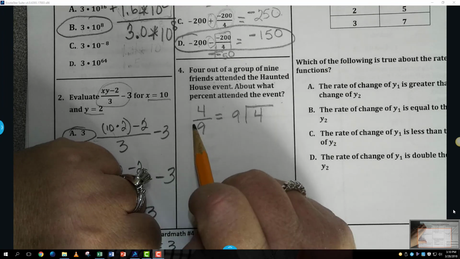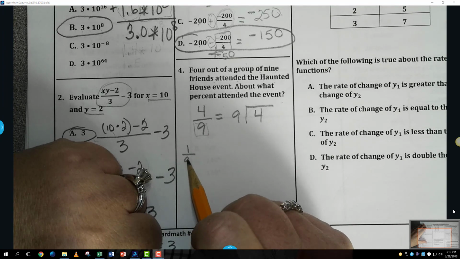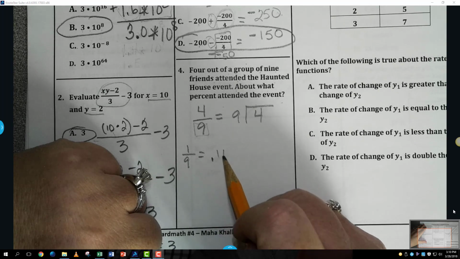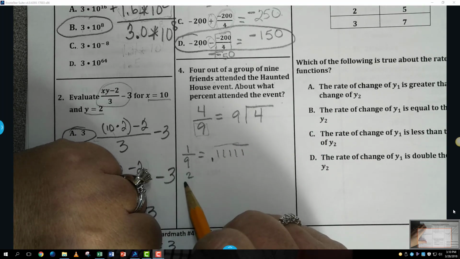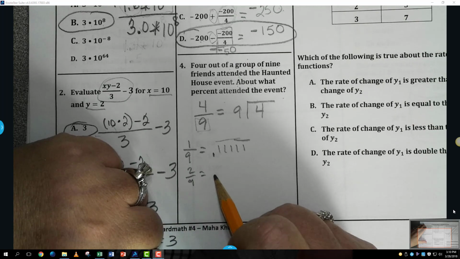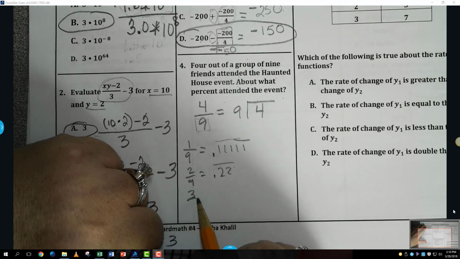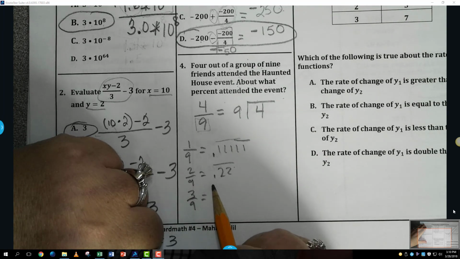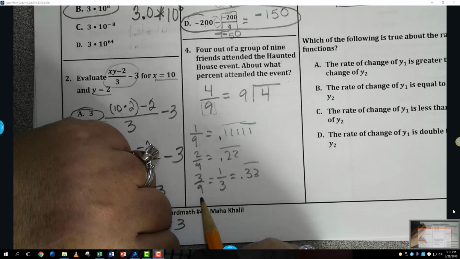Anytime you have a number over 9, so for example, 1 over 9 is 0.111111 repeating. 2 over 9 is equal to 0.222222222 repeating. 3 over 9, which we know is 1/3, is 0.33333 repeating.